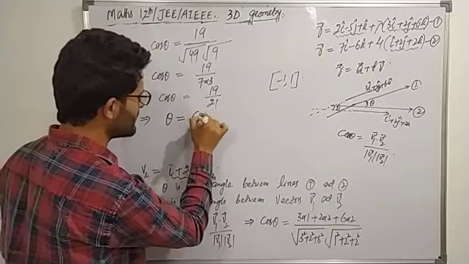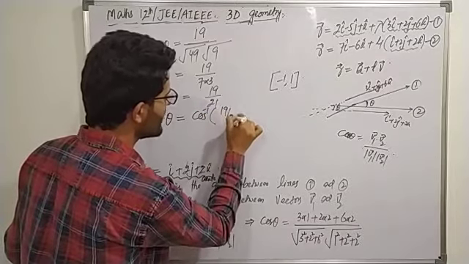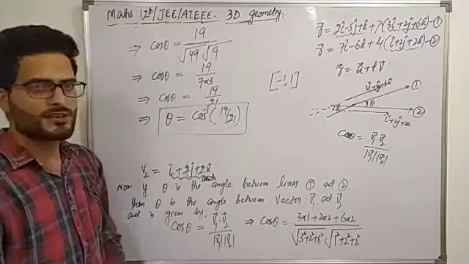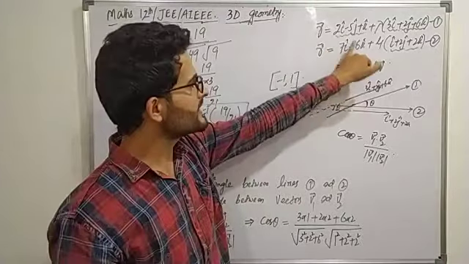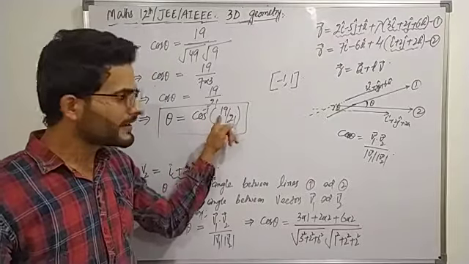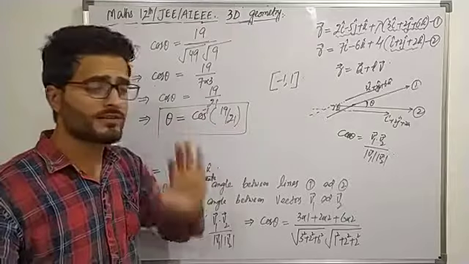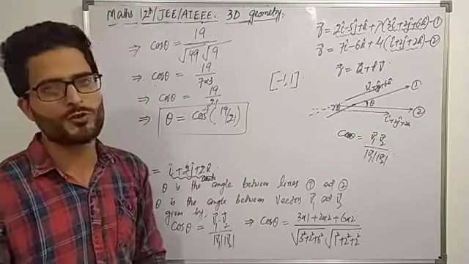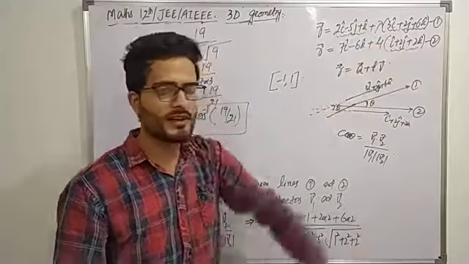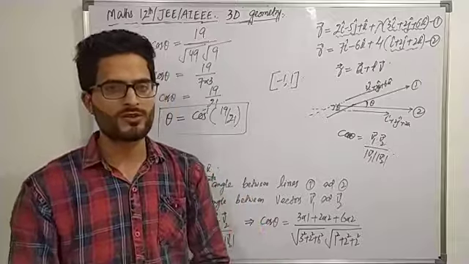So theta must be equal to cos inverse of 19 divided by 21. So the angle between two lines which are represented by these equations must be cos inverse of 19 divided by 21, the lines being represented by their respective vector equations.